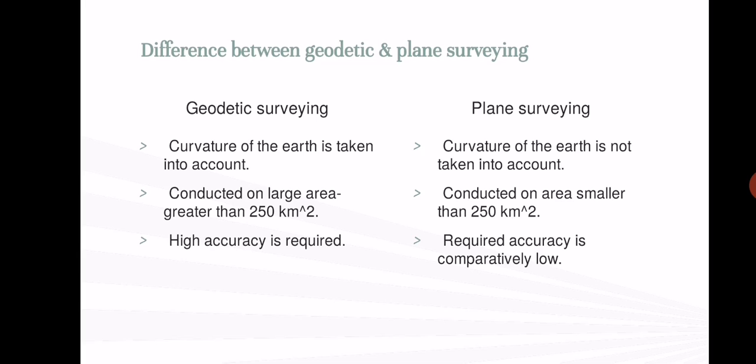In geodetic surveying, high accuracy is required as we have to consider the curvature and it is to be conducted in a very large area. We have to be cautious about every reading, every distance and angle we measure.